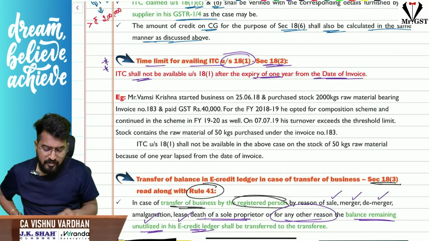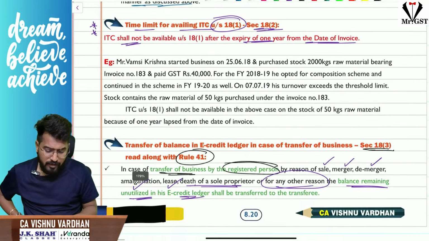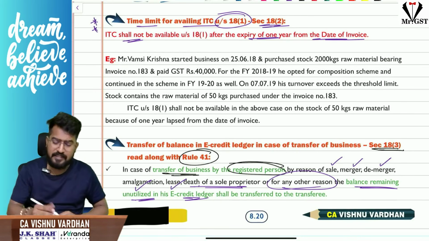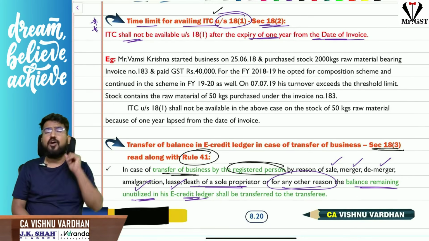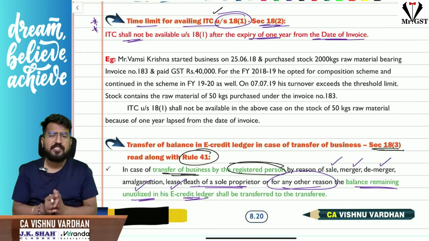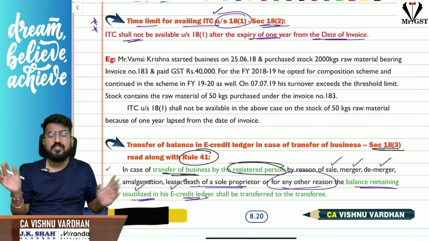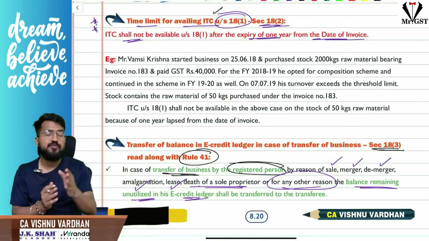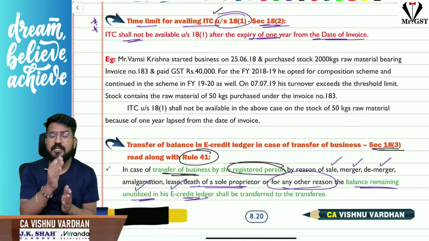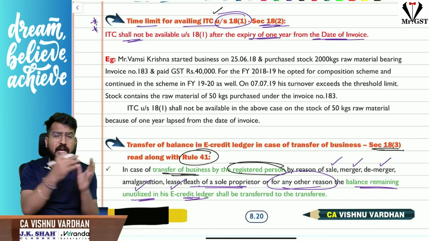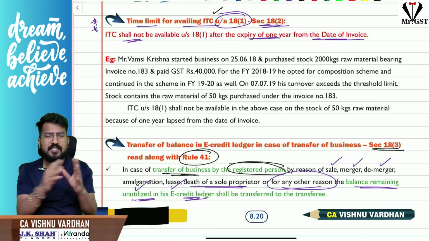Now, the interesting part is, if you want to take ITC under 18 subsection 1, all the four cases, clause A, B, C, D, the time limit to avail ITC is 1 year from the date of invoice. Section 16 subsection 4 gives the time limit for availing ITC in normal cases.